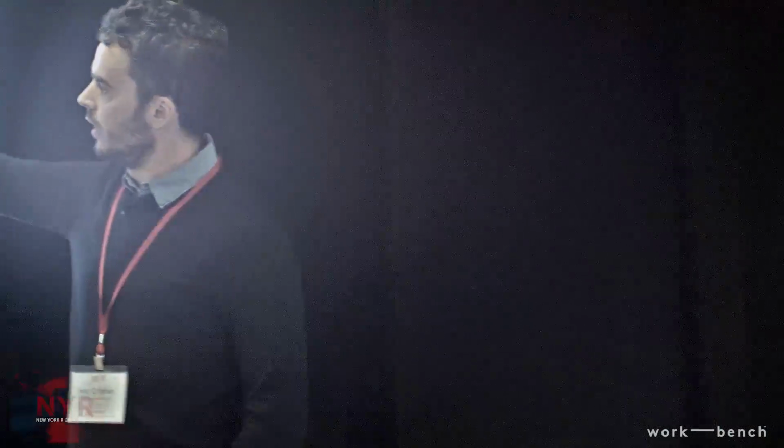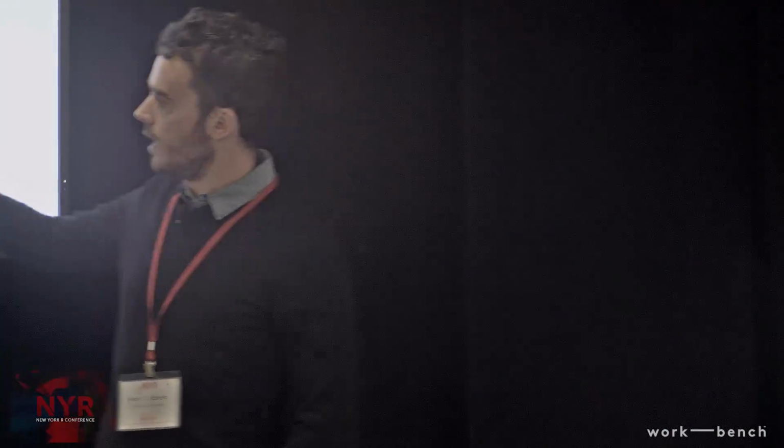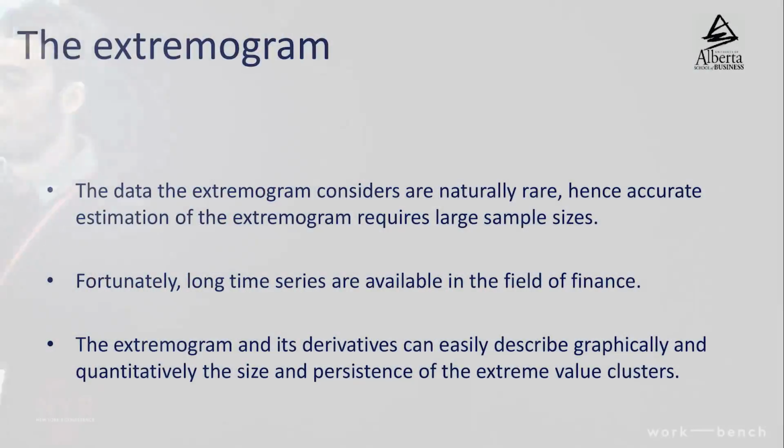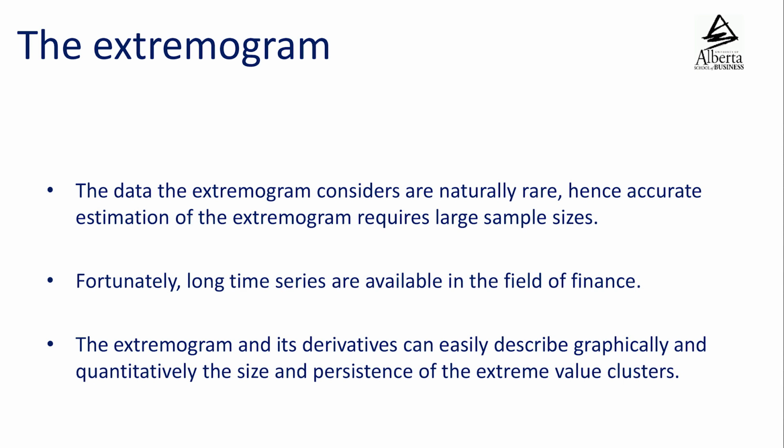So in simple terms, it computes the extent to which a large value of a time series has an effect on a future value of the same time series or another time series, h lags ahead. The data the extremogram considers are extremes, so they're rare, so we need large sample sizes, okay?